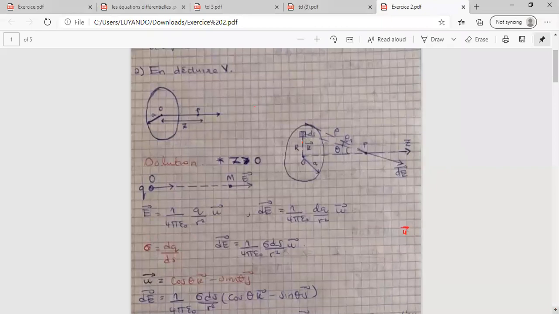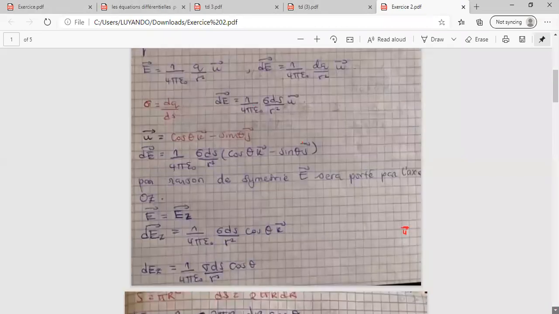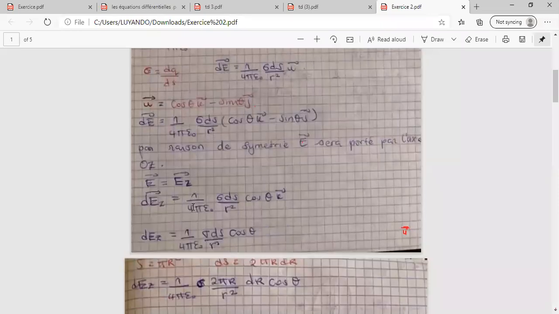So we're going to have dEz equals 1 over 4 pi epsilon 0, the constant, ds over r squared, cos theta k. This is going to be equal to 0. So after this, we're going to have dEz equals 1 over 4 pi epsilon 0, the constant, ds over r squared, cos theta, which is what I have here.